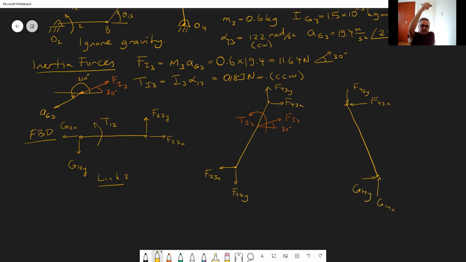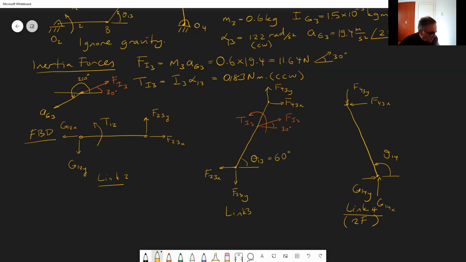Well, note that this is link 3, this is link 4. Actually, this is a two-force member, okay? And it makes things much easier because if this is theta 1,4, which can be found, and this is theta 1,3, which is 60 degrees.